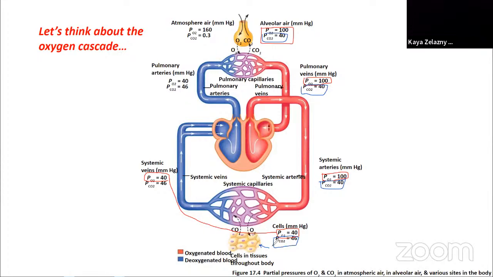They came to equilibrium with the carbon dioxide in the tissue, so they're now at 46. So 100 partial pressure of oxygen in arteries, 40 in veins. 40 is also our partial pressure of carbon dioxide in the arteries. 46 is our pressure of carbon dioxide in veins.